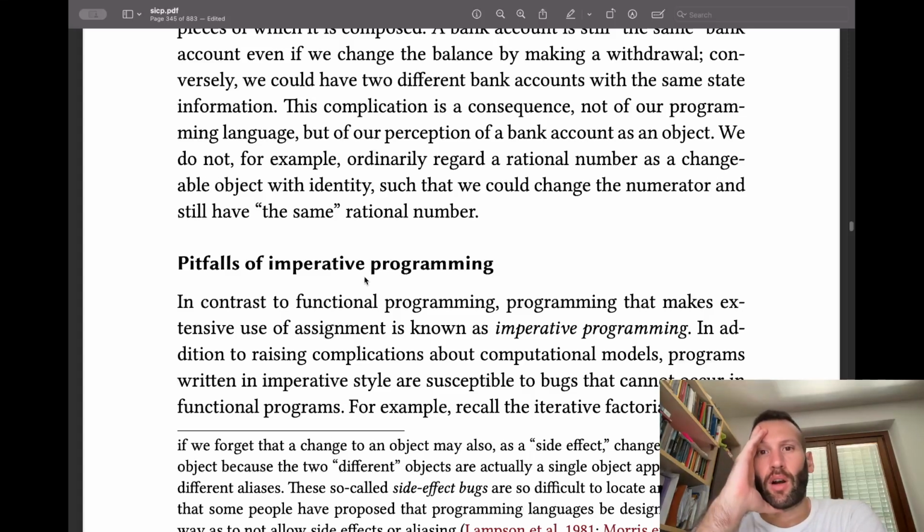This complication is a consequence not of our programming language, but of our perception of a bank account as an object.